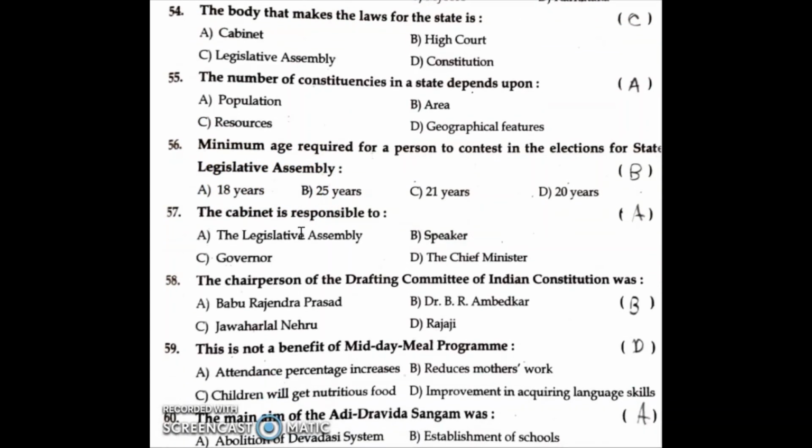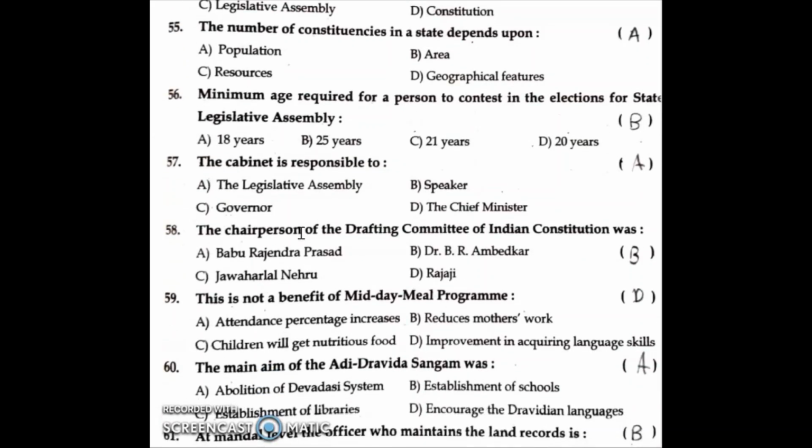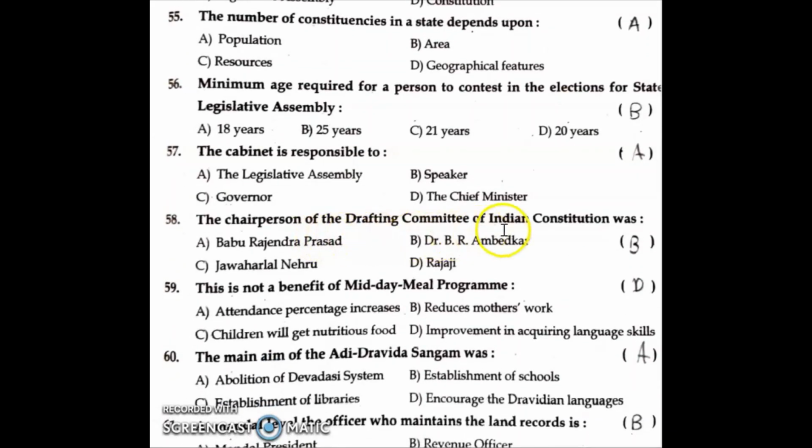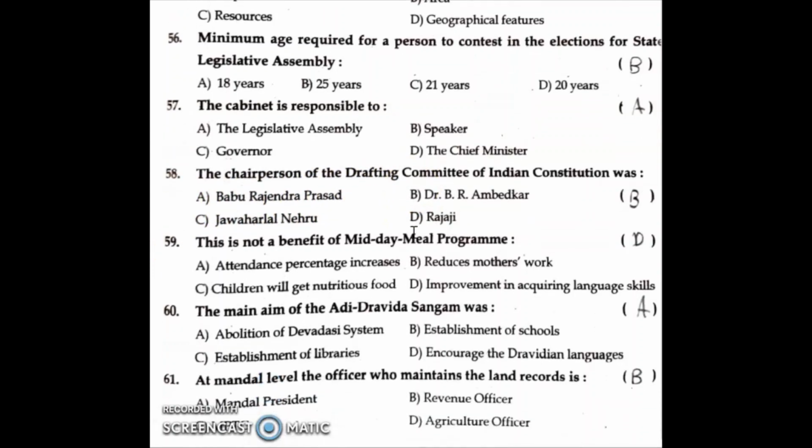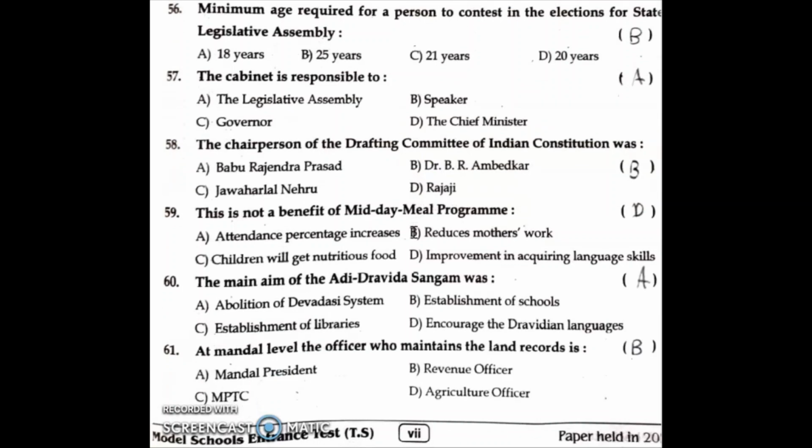The cabinet is responsible to A. The legislative assembly. The chairperson of the drafting committee of Indian Constitution was B. B.R. Ambedkar.